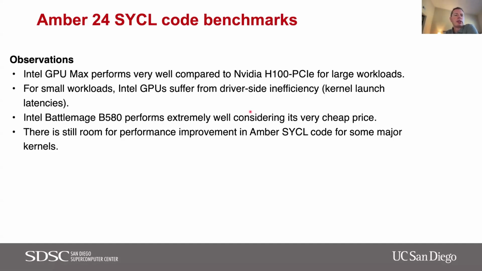That's just something that's there. There's not much that we can do as programmers, software engineers, application developers. The Intel Battlemage B580 performs really well considering its very cheap price. And there is, of course, still room for performance improvement for some of the major kernels, but at the moment we don't have the resources to look at this.